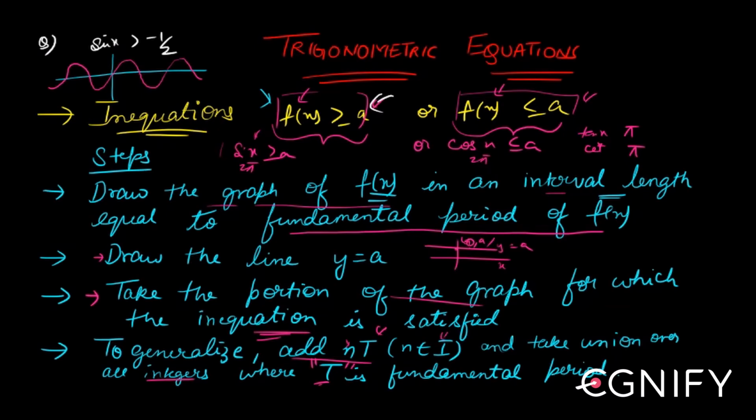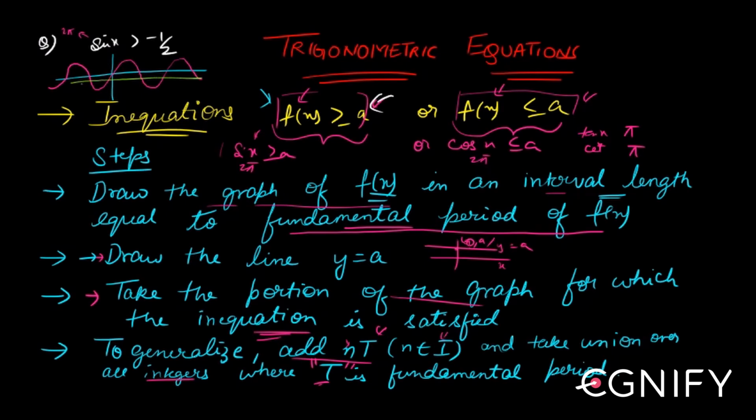So I need to draw the graph for at least this much length, at least the fundamental period. The fundamental period for sin x, by the way, is 2π. So before actually choosing the interval, I'll draw the line y equal to a. My a is minus half here, so the line y equal to a is this line.